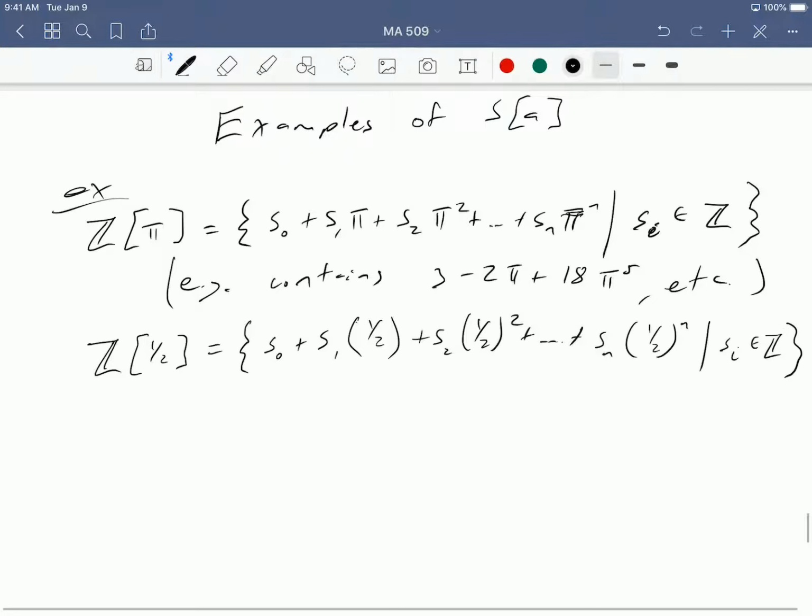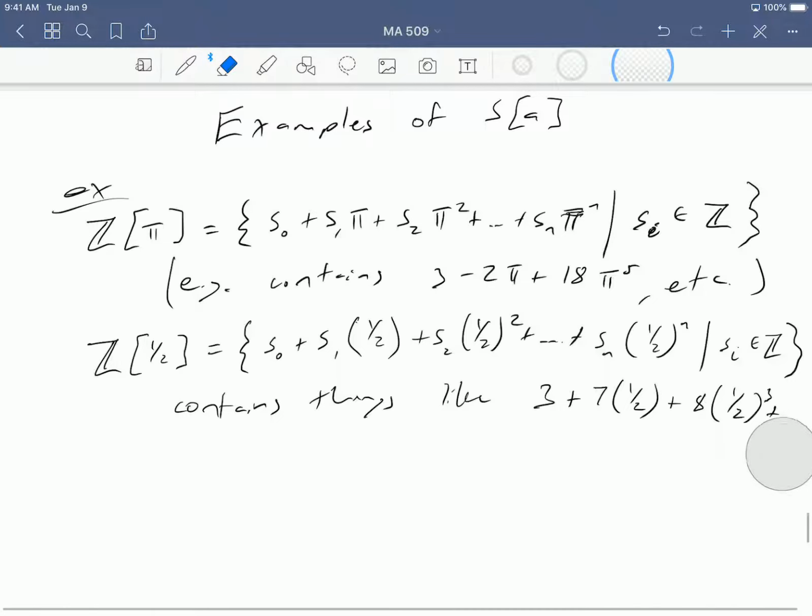So let's think about what this contains. It contains things like 3 plus 7 times 1/2 plus 8 times 1/2 cubed. I'll just end with that 1/2 cubed. So that's a number that's in this set.